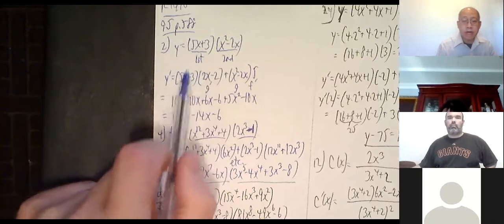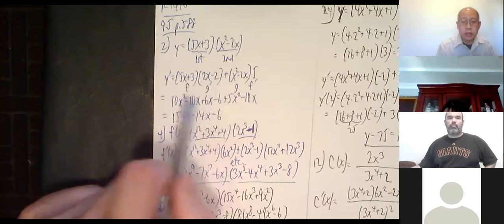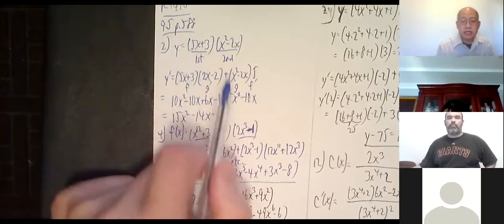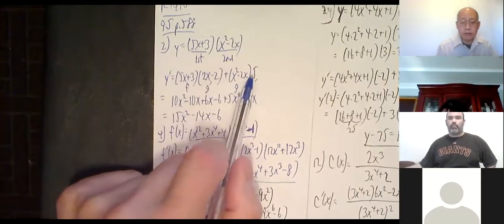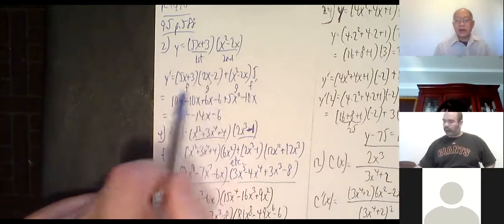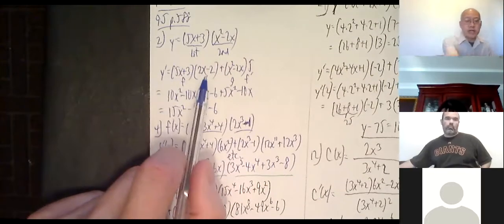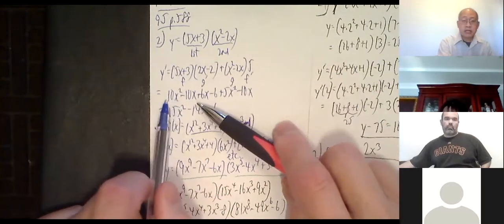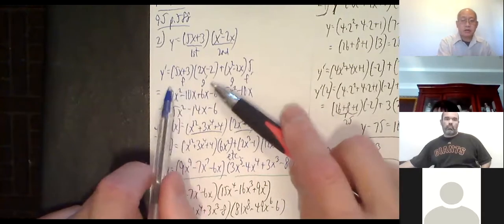So one more time, you copy the first function times the derivative of the second function, f g prime, that's f, that's g, plus g f prime. Copy the second function times the derivative of the first. Now it's just some algebra, tedious. So I FOIL this out. 10x squared minus 10x plus 6x minus 6.